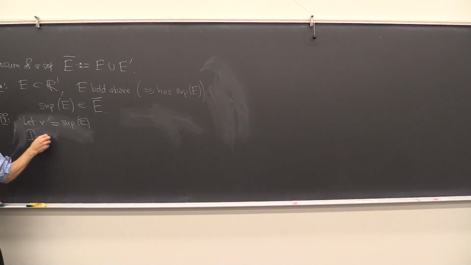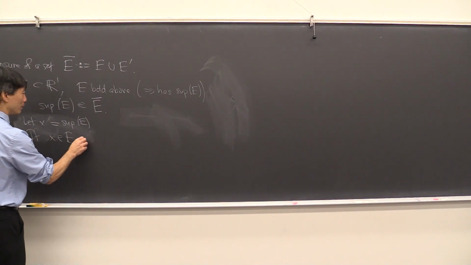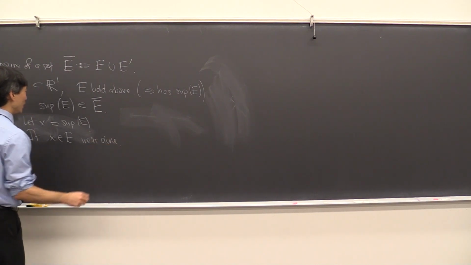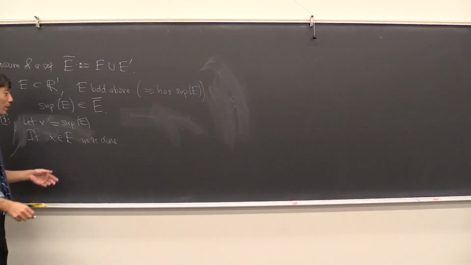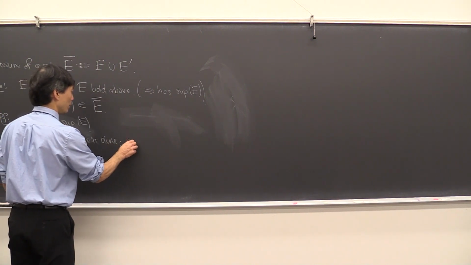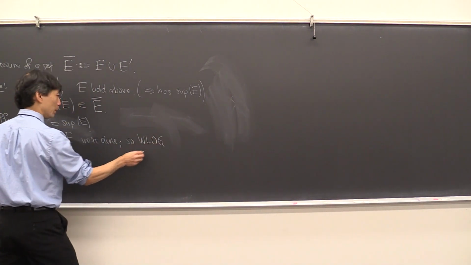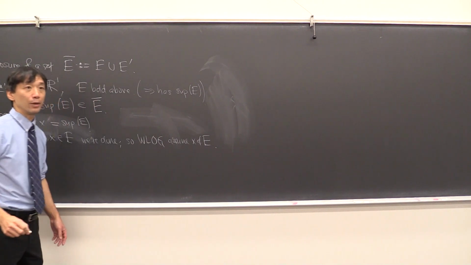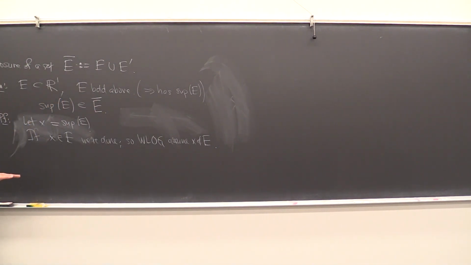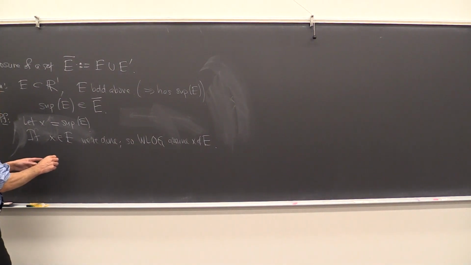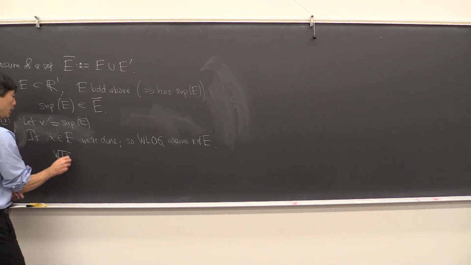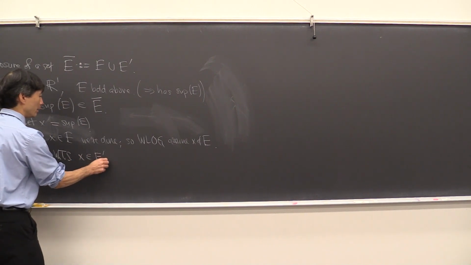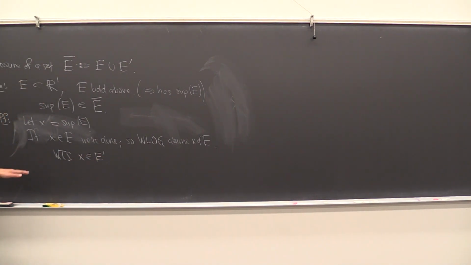Notice that if X is in E, we're done. So without loss of generality, we can assume X is not in E. We want to show that X must be a limit point.